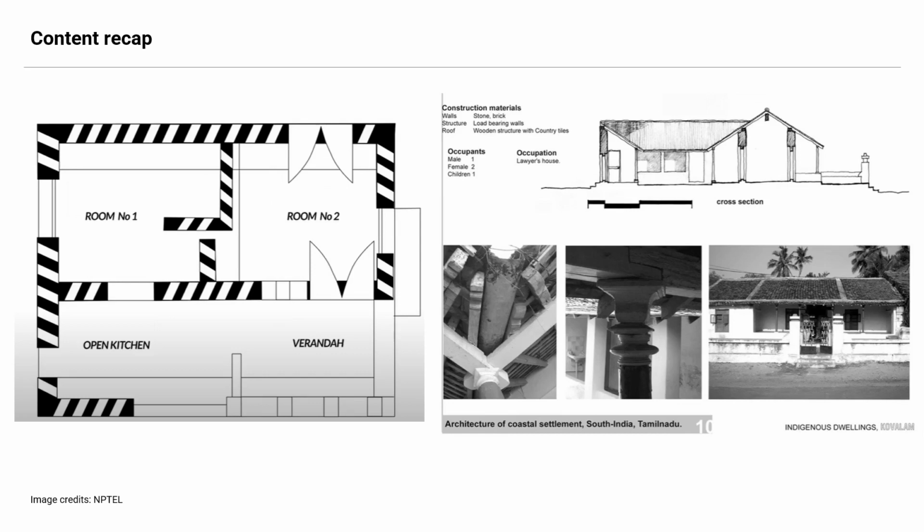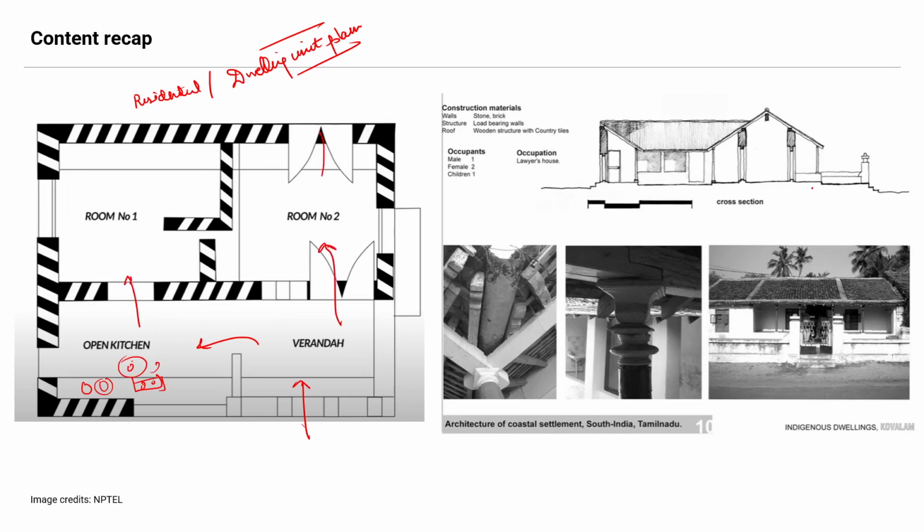As you can see here, this is the layout. So we can tell that this is the residential or dwelling unit plan, right? This is the dwelling unit plan. Here comes the veranda. As you move in, this is the open kitchen. So they might be having vessels and they might be cooking here. People will be sitting here and doing it. From here, there was an access to a bedroom, and here is another bedroom.